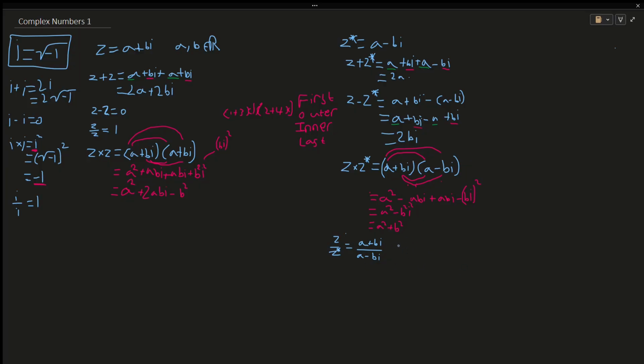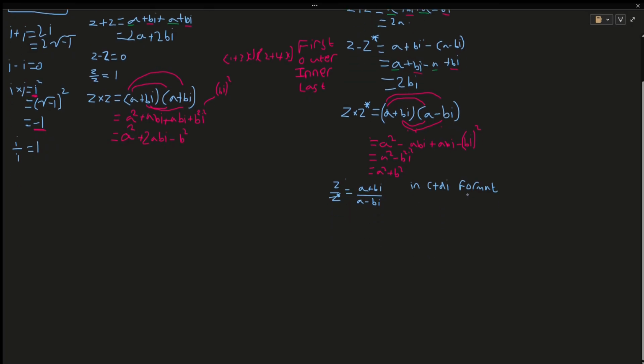Now, let's say we are asked to write in a plus bi format. So, maybe not use a plus bi because I'm already using it. So let's say a generic c plus di format. So let's say we're asked to put it in this kind of format.